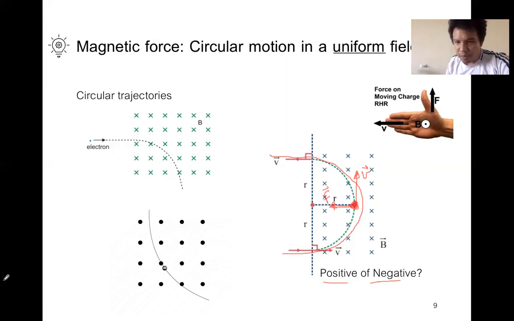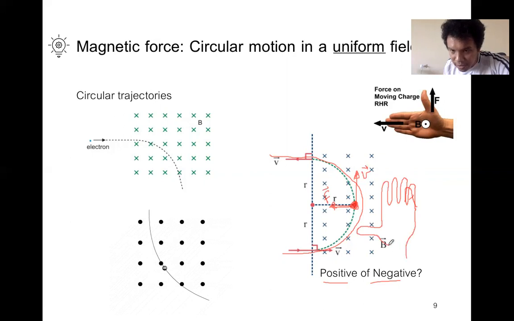If I use the right hand, pointing my palm towards the screen, I'm going to see V, or my four fingers, in this direction, and my thumb in this direction.